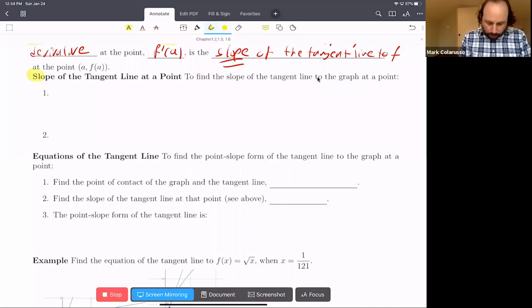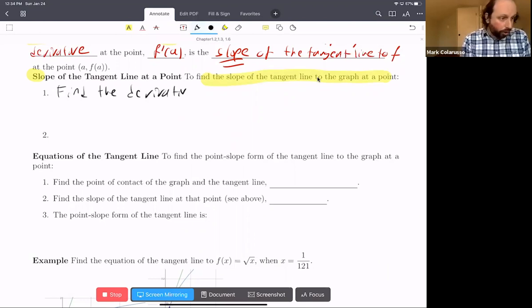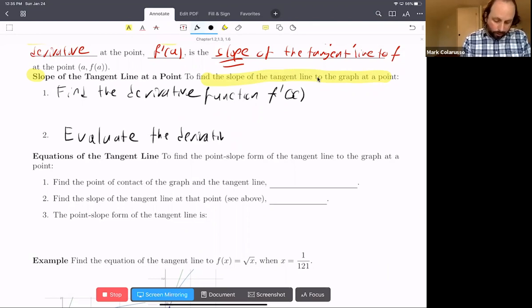To find the slope of the tangent line at any point on the graph, you first find the derivative function f prime of x, and then you evaluate the derivative at the point you're interested in. At x equals a, compute f prime of a.